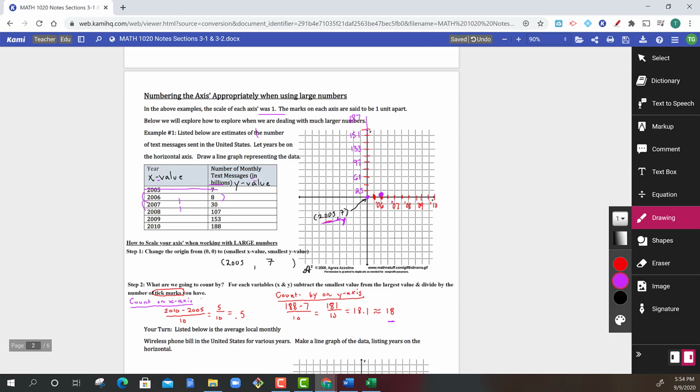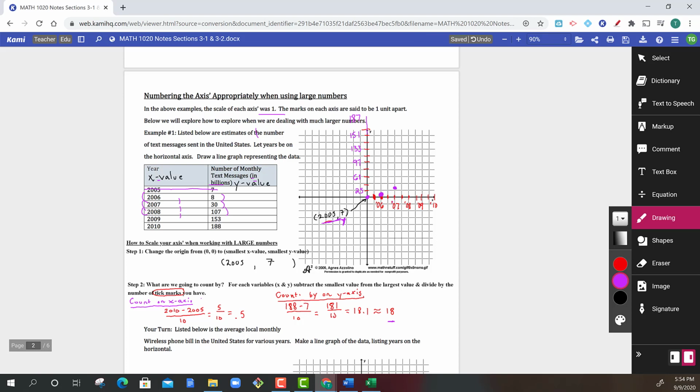And then just continue and graph the rest of these. 2007, 30, we're going to go right to 2007, and we're going to go up to 30, which I know is going to be somewhere just above the 25 marker on the y-axis. And then graph the rest of those points. 2008, 107.